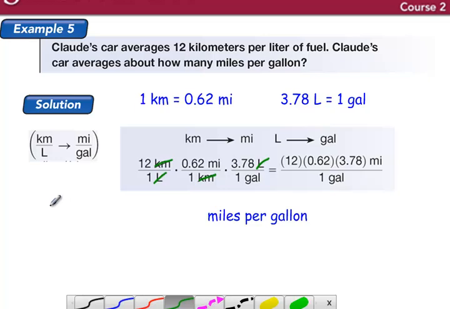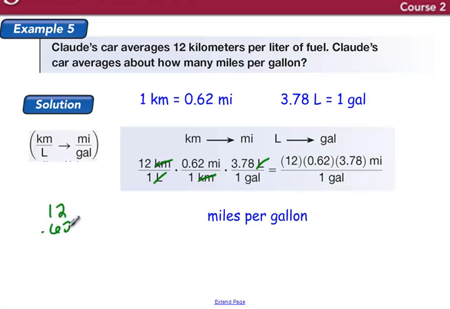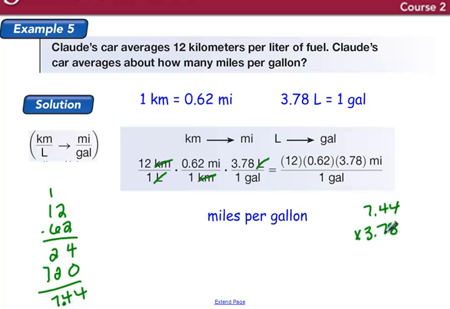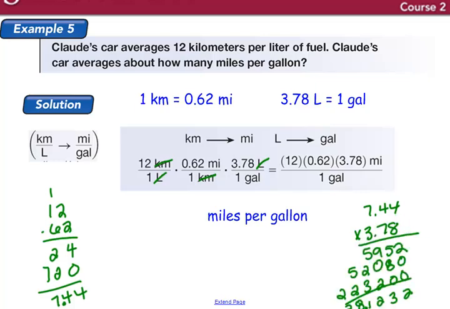So we have 12 times 62, and we have 2 decimal places. When we multiply that together, we get 28 and 1,232, which is approximately 28 gallons.